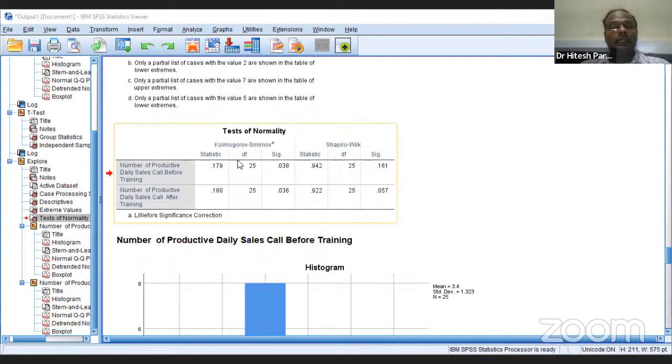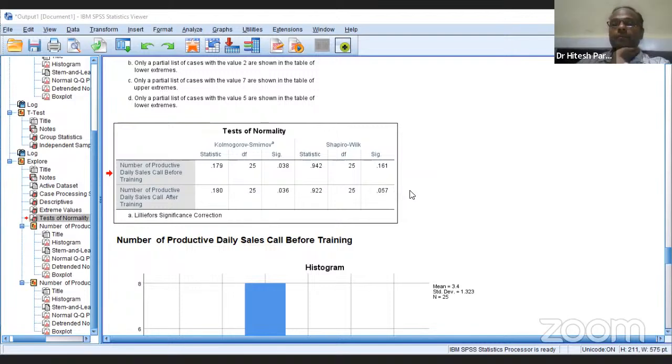Let us discuss the KS test. Let us forget that we have the result of Shapiro-Wilk. According to the KS test, is it normal? 0.038 and 0.036, these are the p-values.